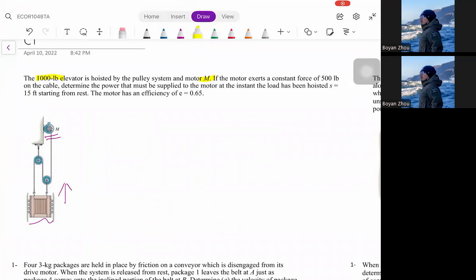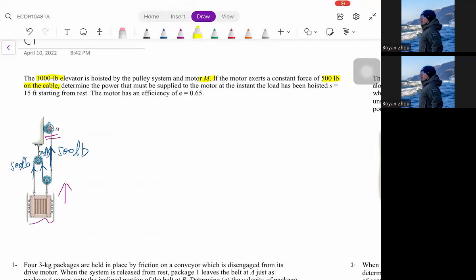The motor exerts a constant force of 500 pounds on the cable, so each section of the cable is going to be 500 pounds.